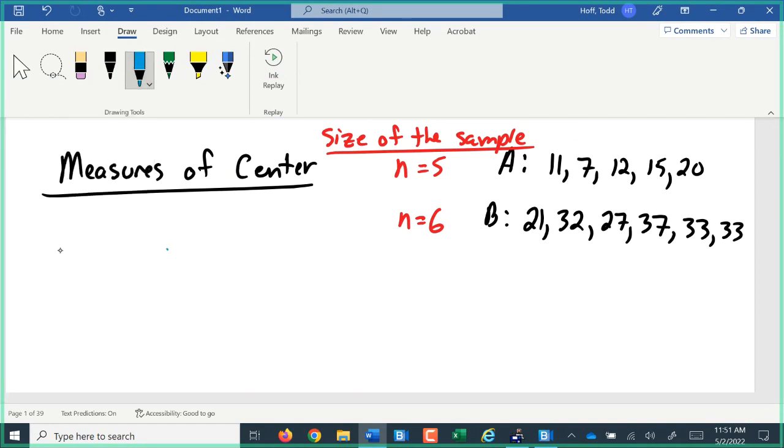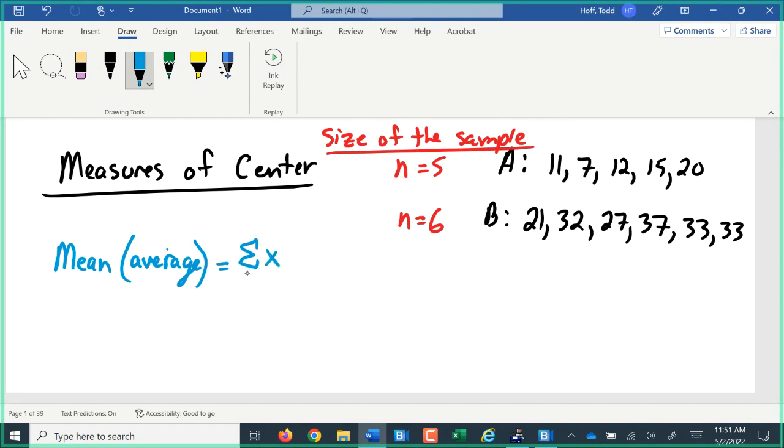My first measure of center is called the mean. The mean is what we have, since middle school, called the average. This is where we add them up and divide by how many are there. Well, the symbol for adding them up is this symbol here. It's called the summation symbol. Add up the values.